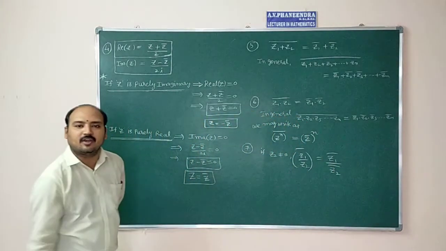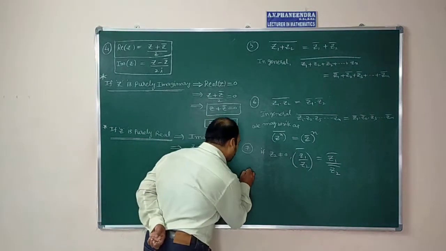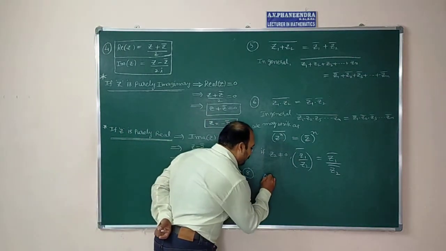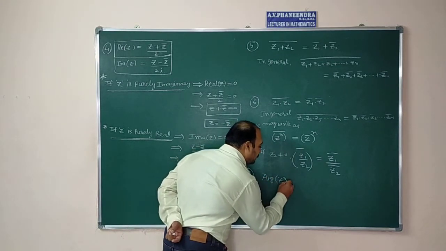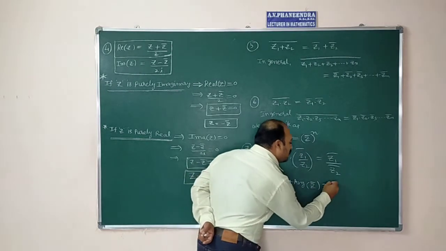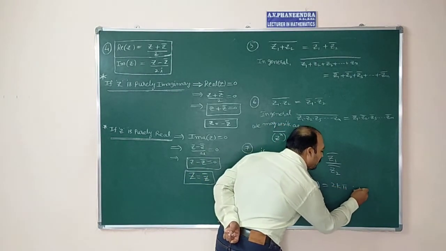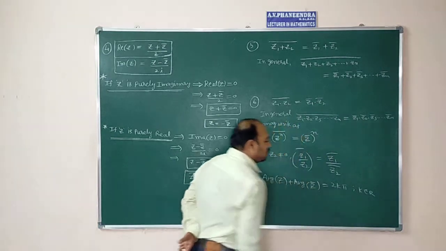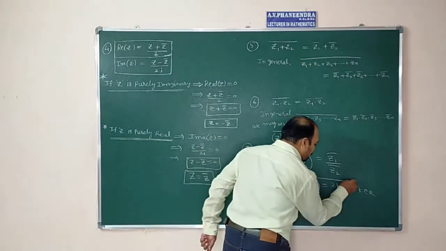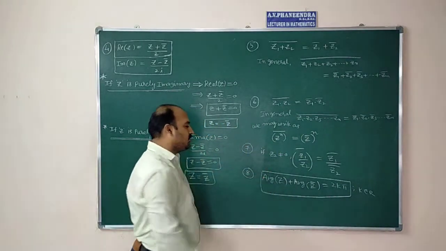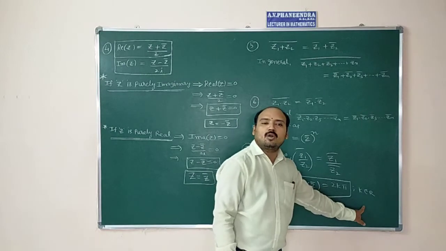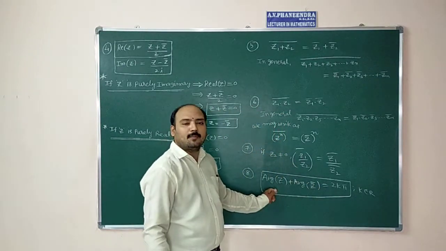And arguments: argument of z plus argument of z bar is equal to 2k pi, where k belongs to the integers. This is also an important property. According to the complex number, we will apply this.